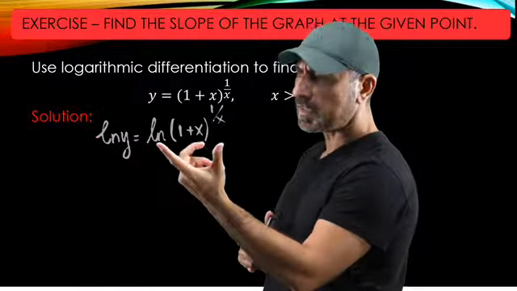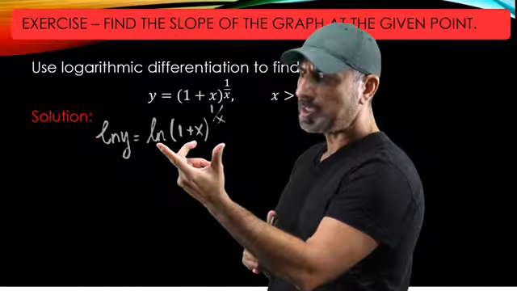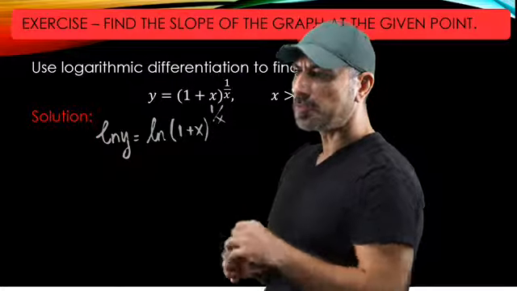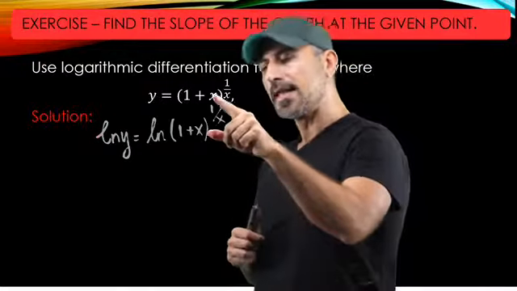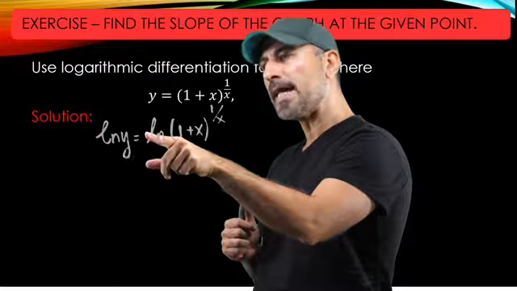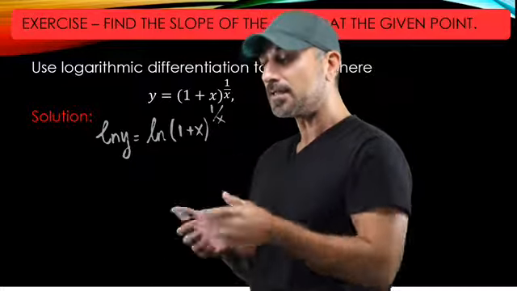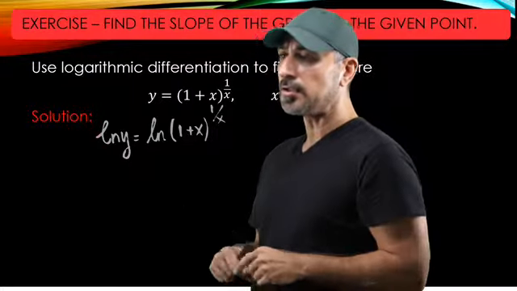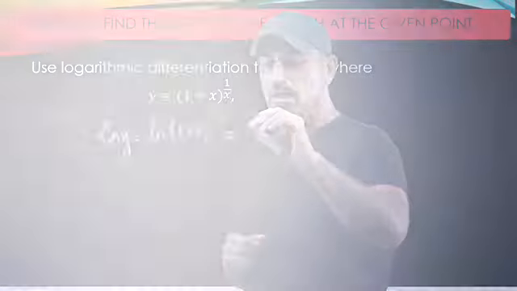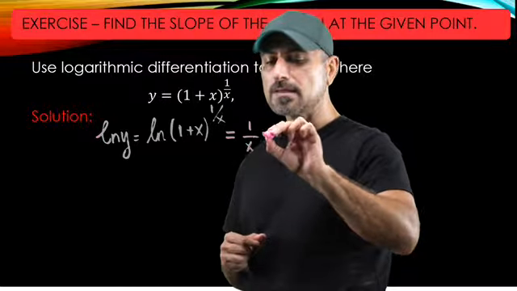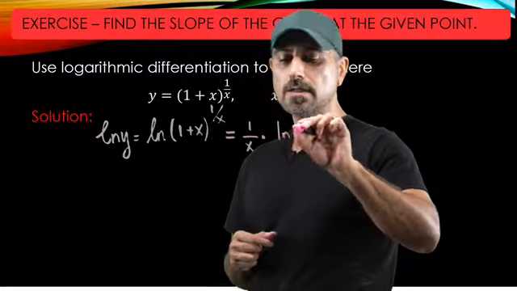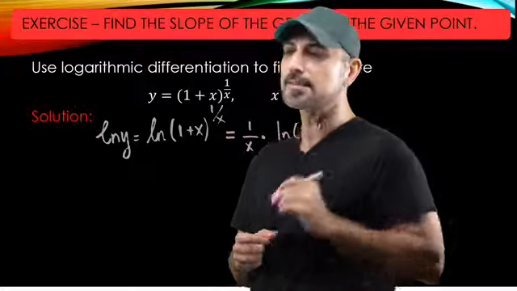We want to simplify this expression a little bit using a property of the ln function that we recall from pre-calculus: exponents can always be pulled out. So in fact, I can get rid of this power. That's the whole idea behind taking the natural logarithm of both sides. We get 1/x times ln of (1 + x).